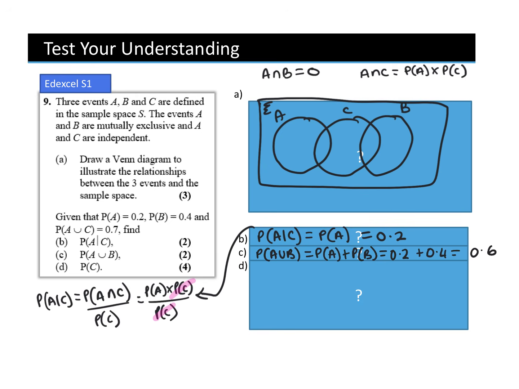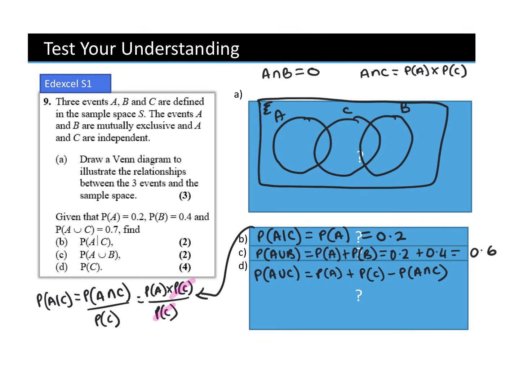Part D, it wants the probability of C. So what I'm going to do is I would probably use the addition formula, with everything we have, because the probability of A union C equals the probability of A plus the probability of C minus the probability of A intersection C. Now, in the question, it's told us the probability of A union C is 0.7.